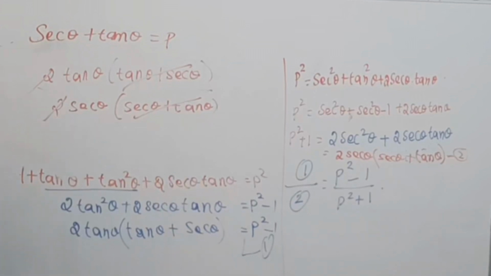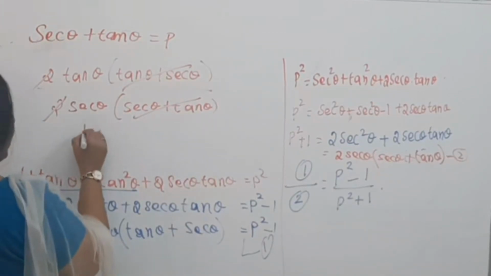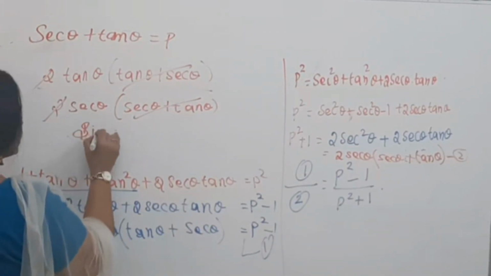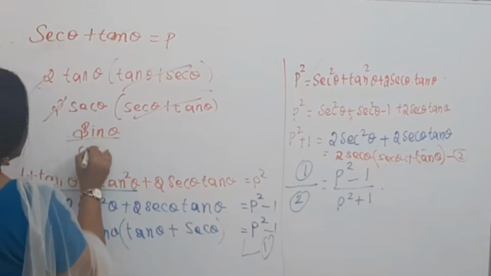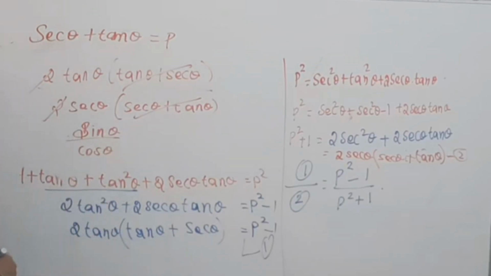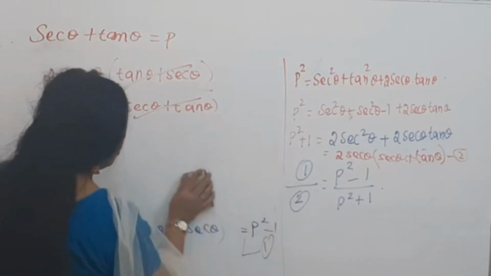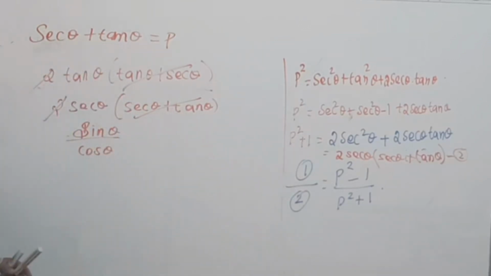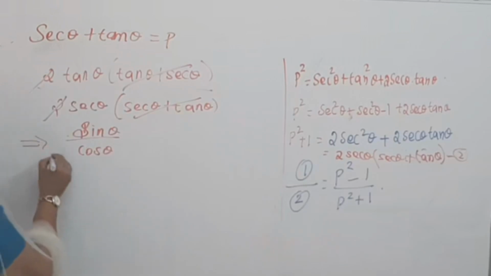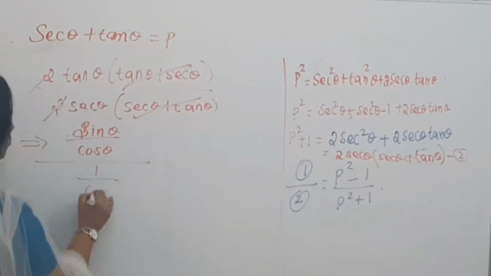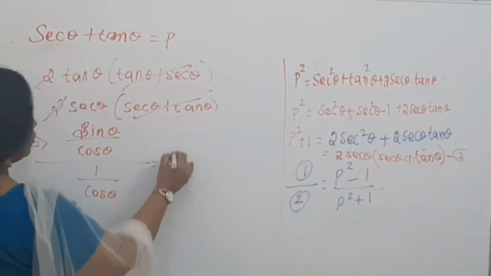So now tan theta can be written as sine theta by cos theta and sec theta can be written as 1 by cos theta. So that cos theta goes to the top. So it can be written as, this implies, whole thing divided by 1 by cos theta. So now how do you write?